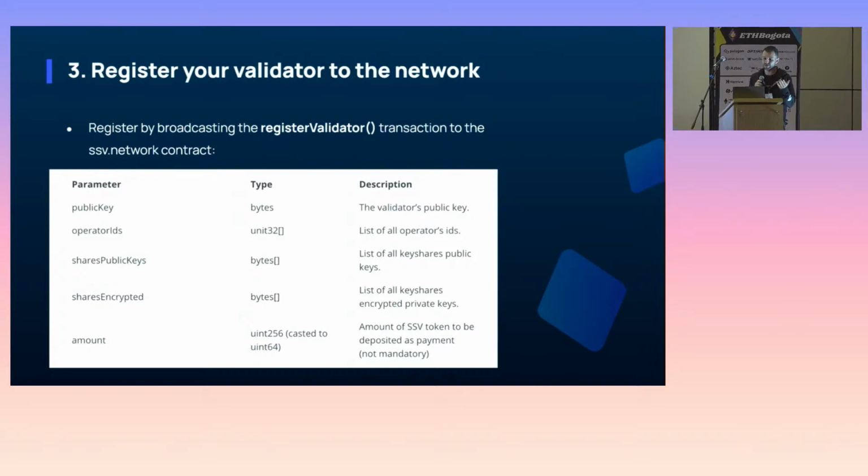By the way, the CLI also outputs this whole payload for the transaction, so you can use that for convenience instead of building it yourself. And it's not just providing the public keys and encrypted keys for the validator.